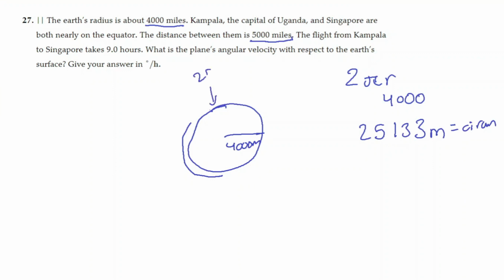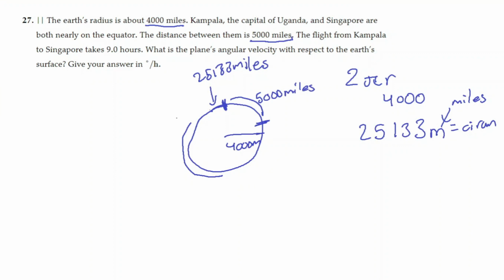So 25,133 miles, not meters. And the distance between them is 5,000 miles. So let's say the capital of Uganda is right here, and then Singapore is right here. This distance is 5,000 miles.